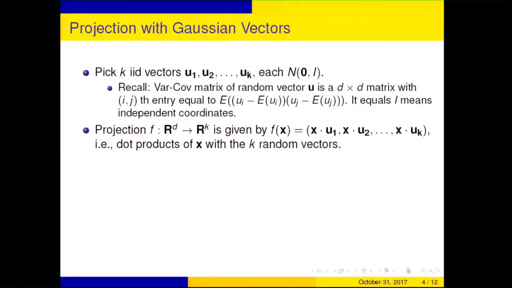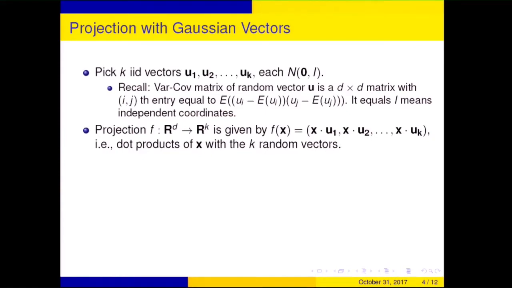The projection is going to be given by, so I want to project the vector x. Its projection is just a dot product with these vectors. If your projecting space had an orthonormal basis, I would just take the dot product with that, and that would be exactly orthogonal projection. This is not, right?